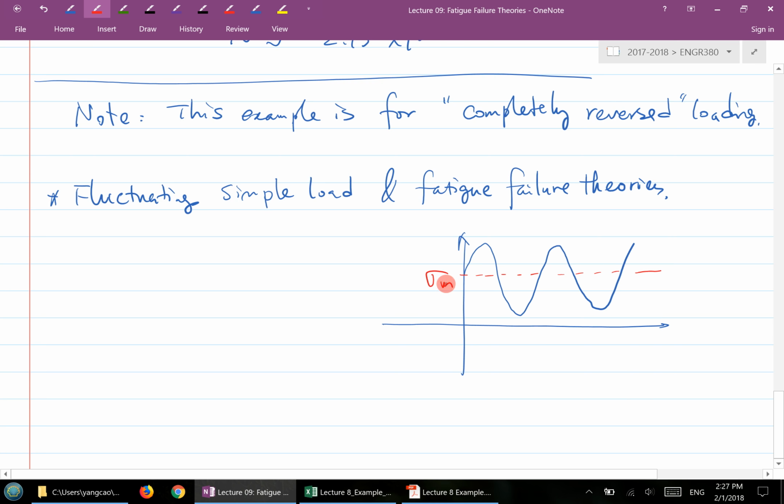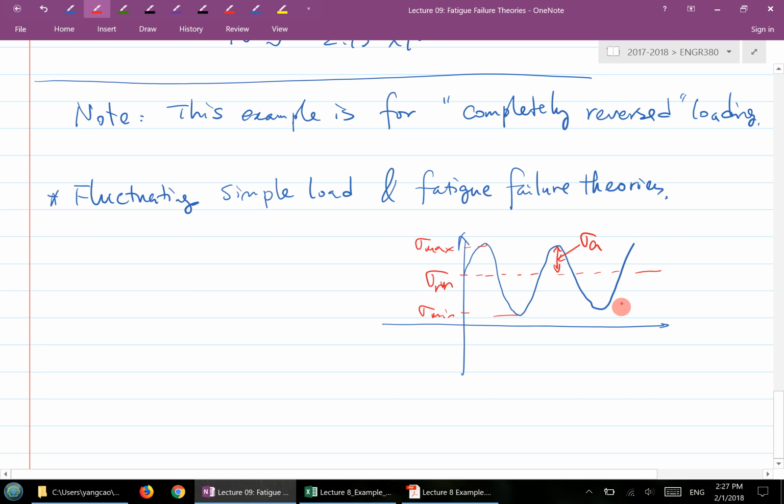We call that sigma m. So here is a sigma m that's non-zero, and of course you have your sigma max here and a sigma min here. At the same time, you have your amplitude sigma a.